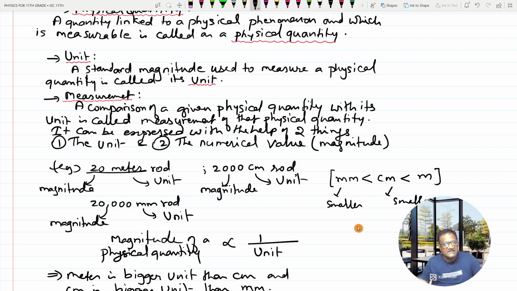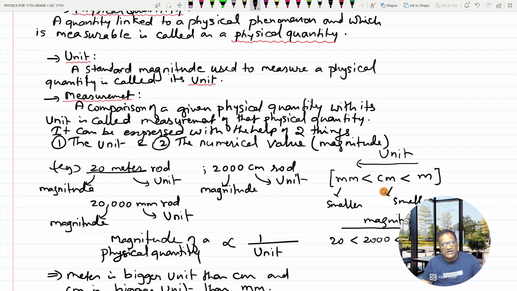So in this example, as the unit goes on decreasing, what is happening to the magnitude? The magnitude is increasing, from 20 to how much? 2000, and then to 20,000. So this is what is happening to the unit, and this is what is happening to the magnitude.